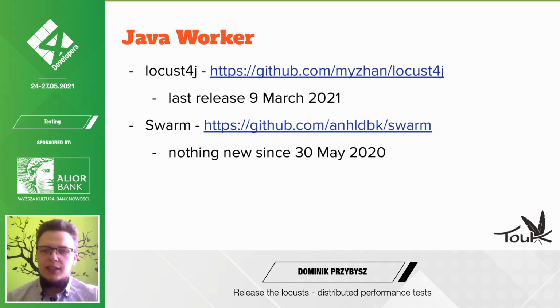And there is an additional library called Swarm. But the problem with that library is that nothing has really changed in it since 13 May 2020. So we are pretty happy that we chose Locust4j as the base library for our Locust workers.